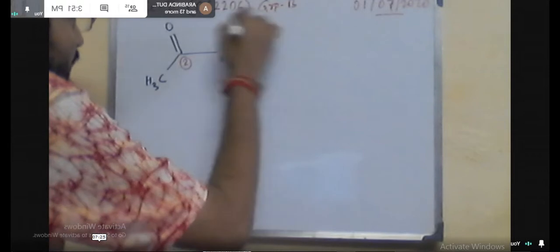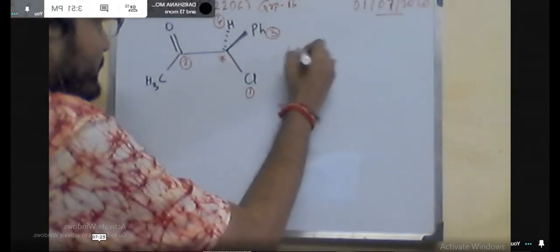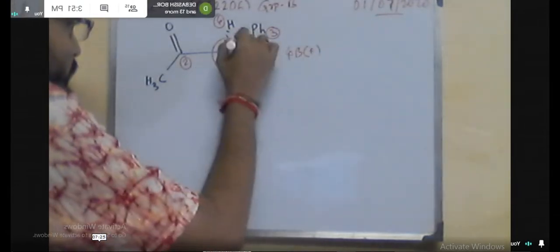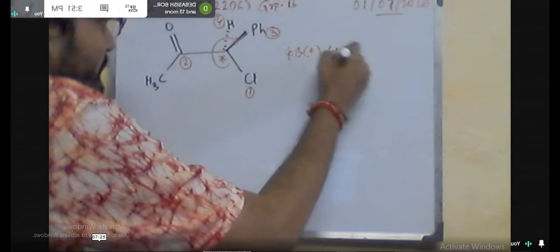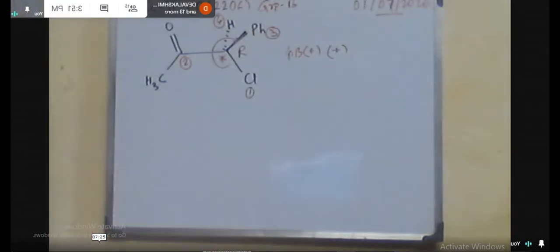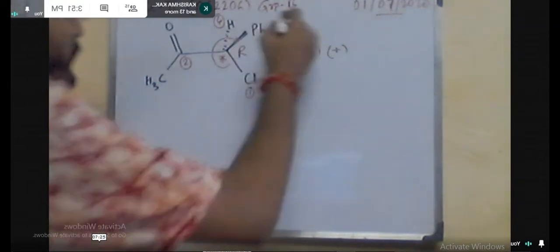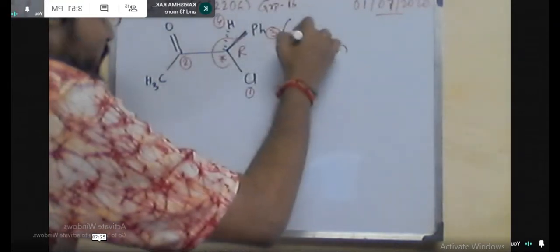Now according to the Cram's model, the larger group should be in the anti-periplanar conformation. So the Newman projection should be like this. That means CH3, this is the phenyl, the larger group, and our priority is to keep the configuration fixed.